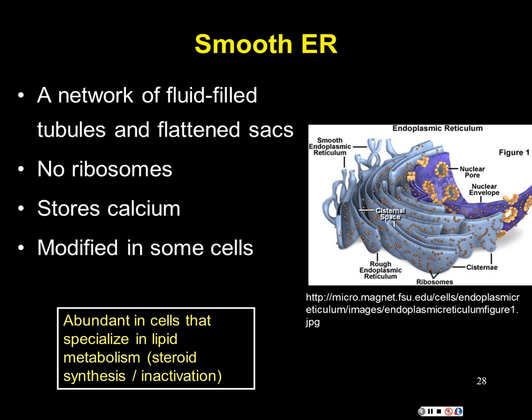You see the difference between the smooth ER versus the rough ER. Inside the lumen of the smooth ER, we used that word last week, are different enzymes and other molecules that help make things like the lipids that make up our phospholipids, or the cholesterol that we mentioned before. So that's an important role for the smooth ER.